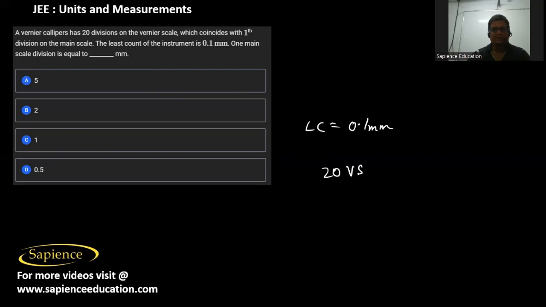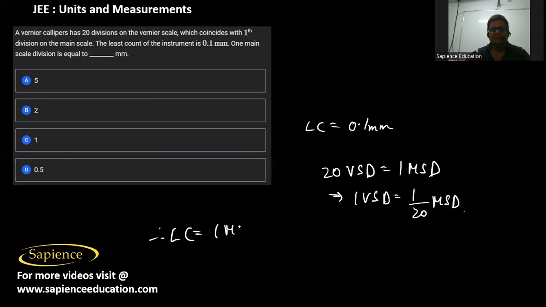Here it is told 20 vernier scale divisions equal one main scale division. So one vernier scale division is equal to 1 by 20 main scale division. And we know that least count equals one main scale division minus one vernier scale division.